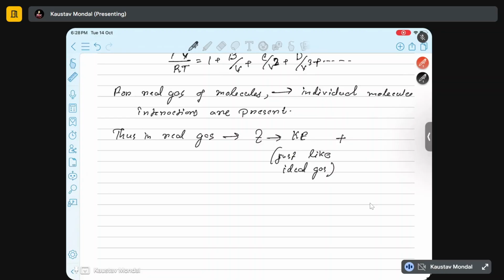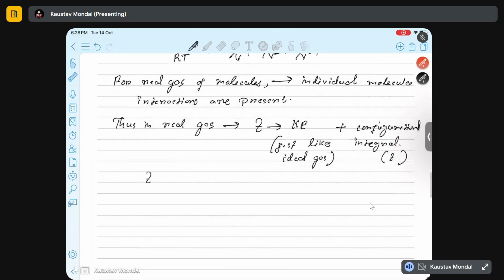So because of the potential energy, we are using a different term, a factor known as the configurational integral, and its notation is the small z. Okay, and this small z basically depends on the intermolecular potential that we are talking about. So we have to evaluate this z.